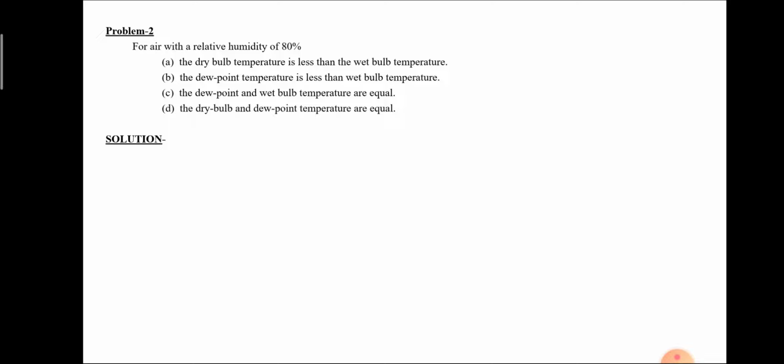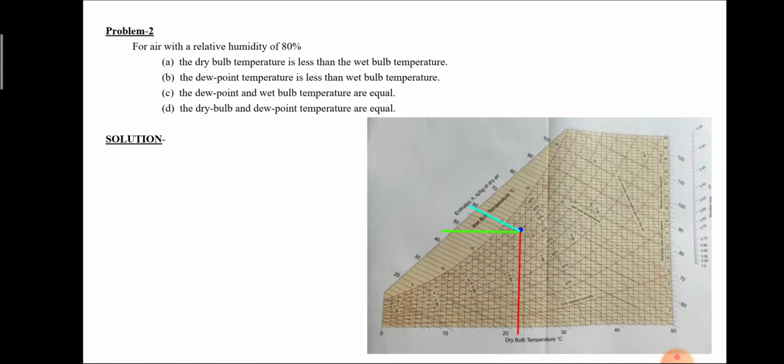Let's move to our psychrometric chart. This is your psychrometric chart. I take a point on the line of relative humidity 80%. If you draw a vertical line which intersects the x-axis, you will get the dry bulb temperature, and you can see the wet bulb temperature lines.